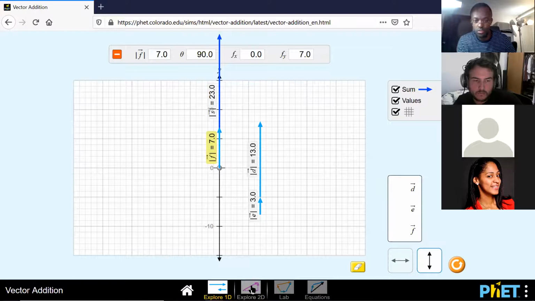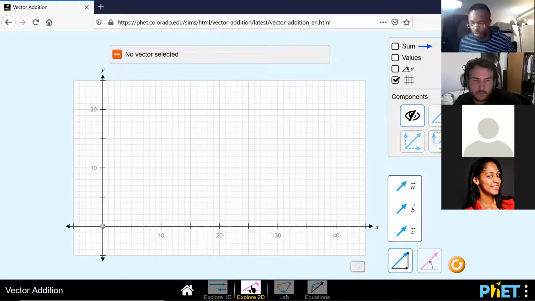So explore 2D. I'm on page 4 of the instruction file. Check values. Check the angles. Grid and components. Everything is checked.